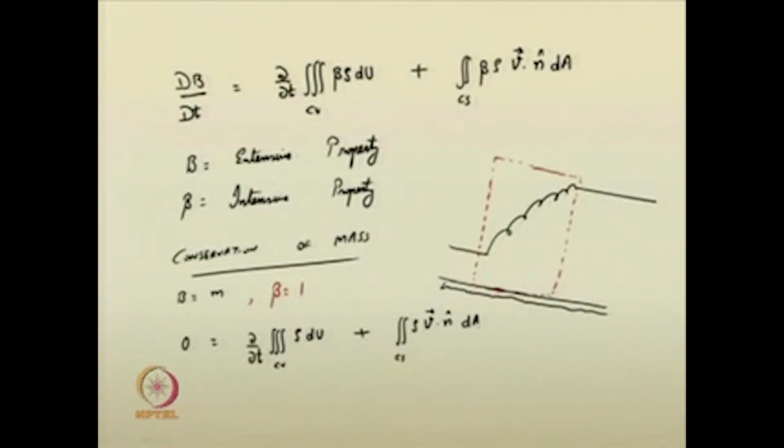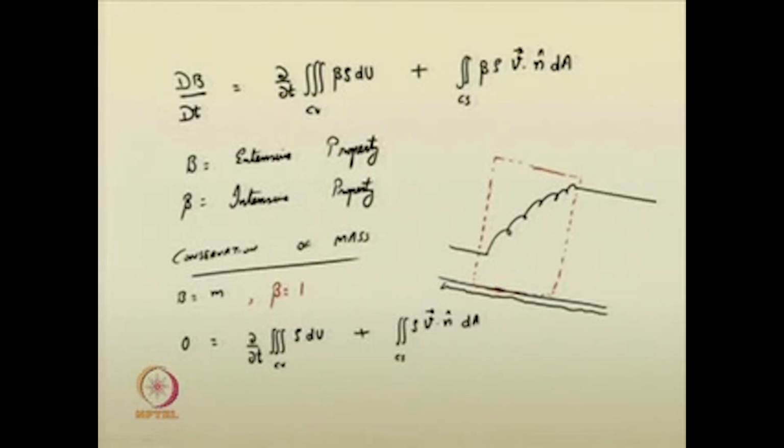Now we have to apply this equation to the following control volume. What is the first term? The first term is ∂/∂t of the integral of ρ dU over the control volume.